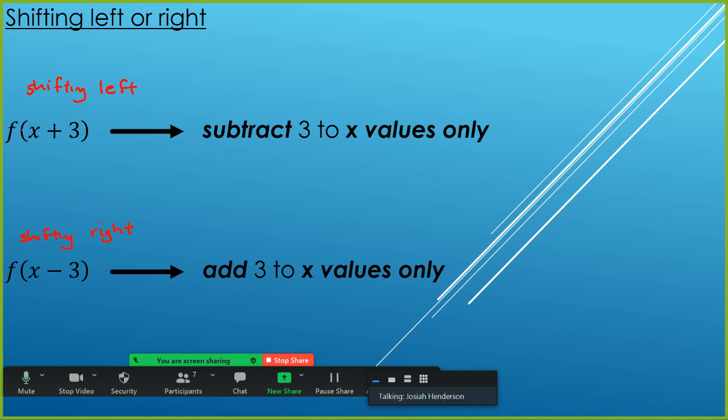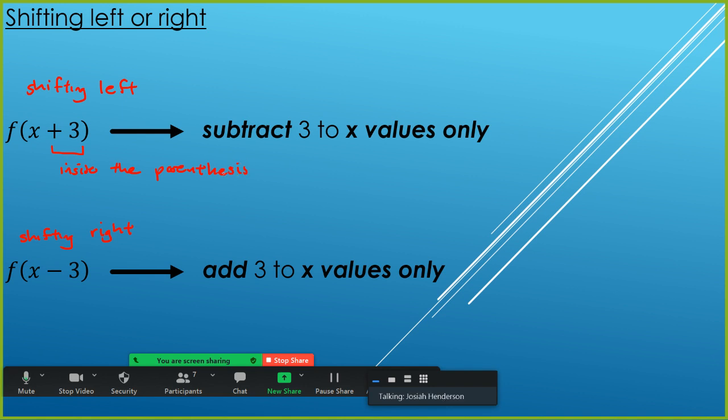So for a shift left, you're going to see the transformation, the plus or minus number, inside the parentheses with x. If it's inside the parentheses like these are, that means we're doing the change left or right.